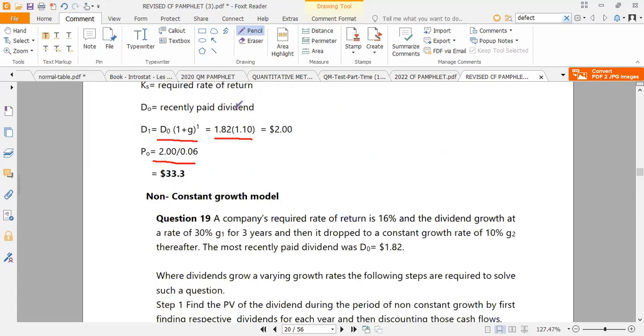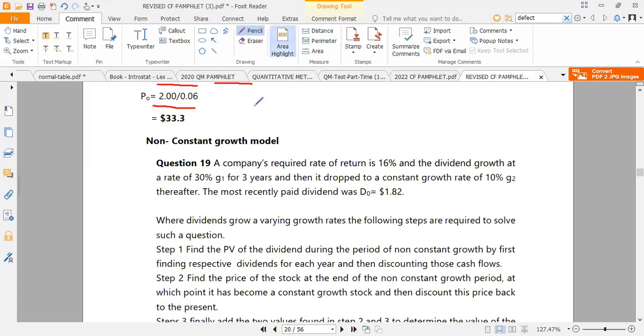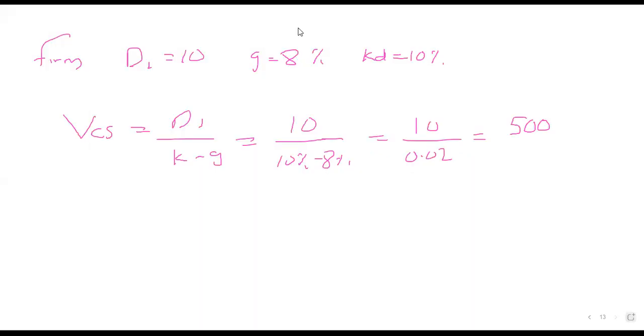Now, there's a time when you have what is called a non-constant growth model, where you are given, say, a dividend paid now of 10 quarter, and the growth rate is 10% for the first 3 years, year 1 to year 2.